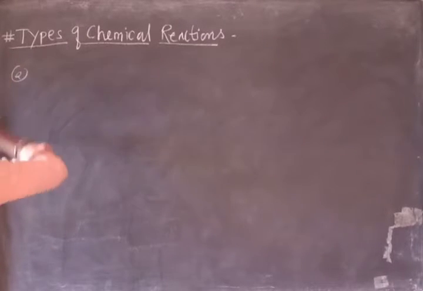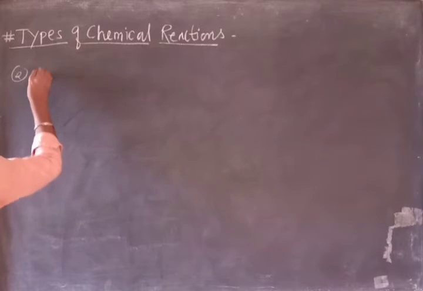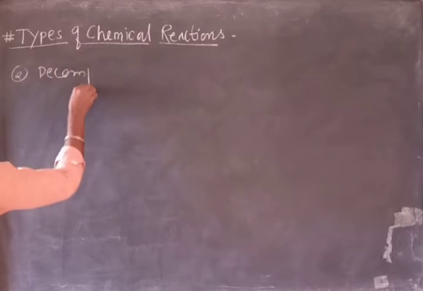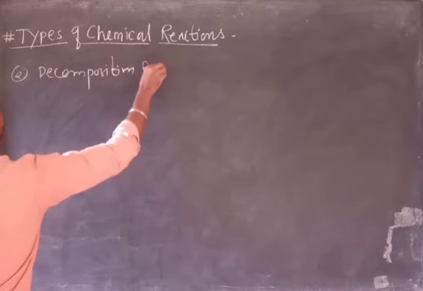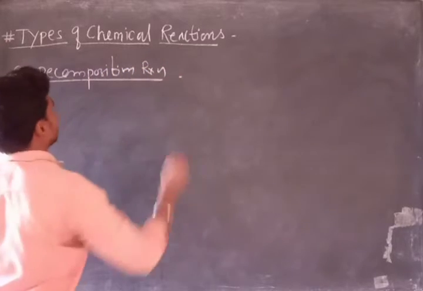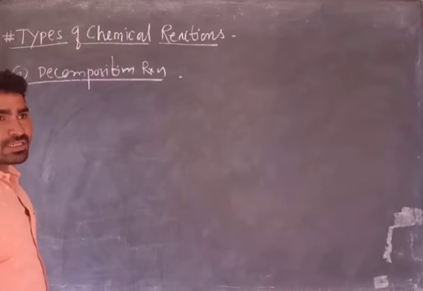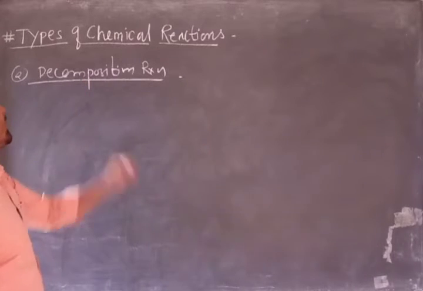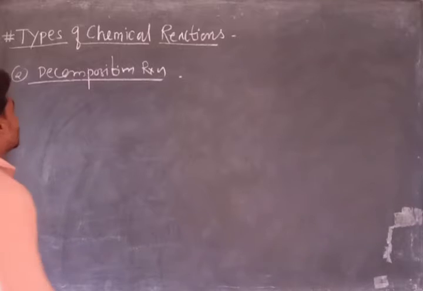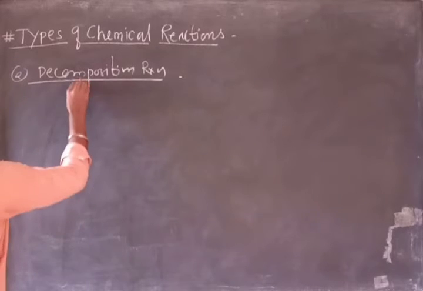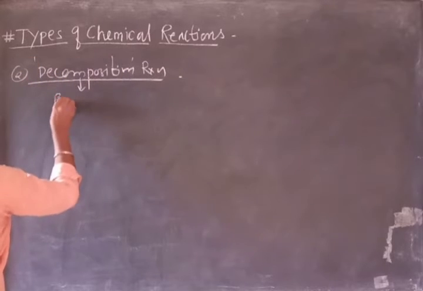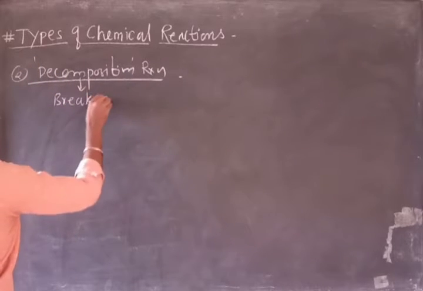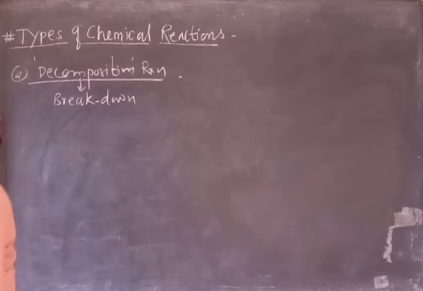So, the second type of chemical reaction is the decomposition reaction. Okay, my dear students, decomposition reactions. The word decomposition simply tells us the breakdown of, definitely we are dealing with substances or matter.